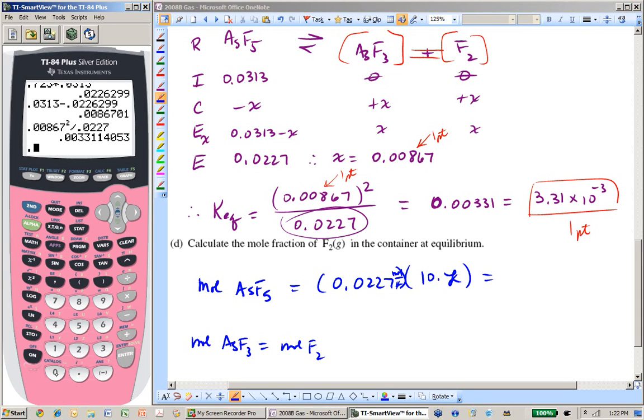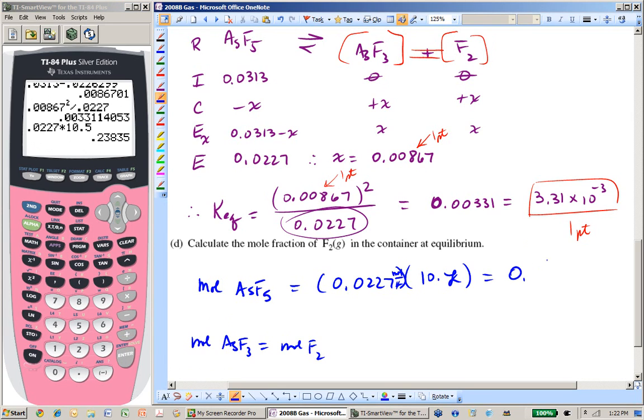So 0.0227 times 10.5 gives me, and again, I may have an arithmetic error somewhere in that, but this should come out 0.238. I think we're agreeing somewhat.